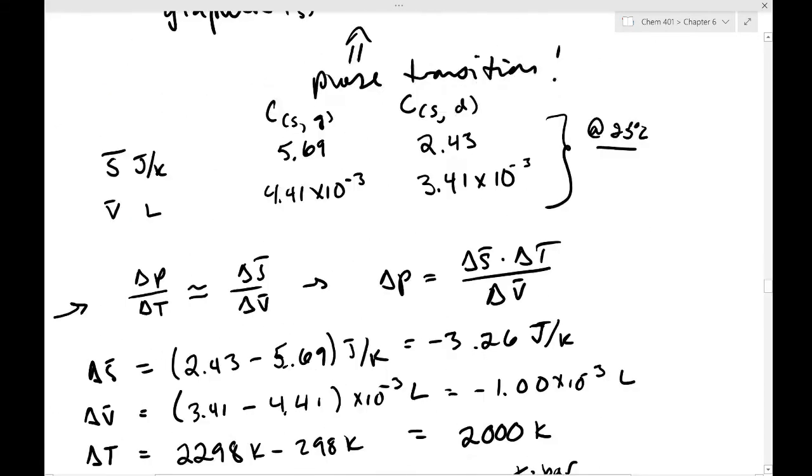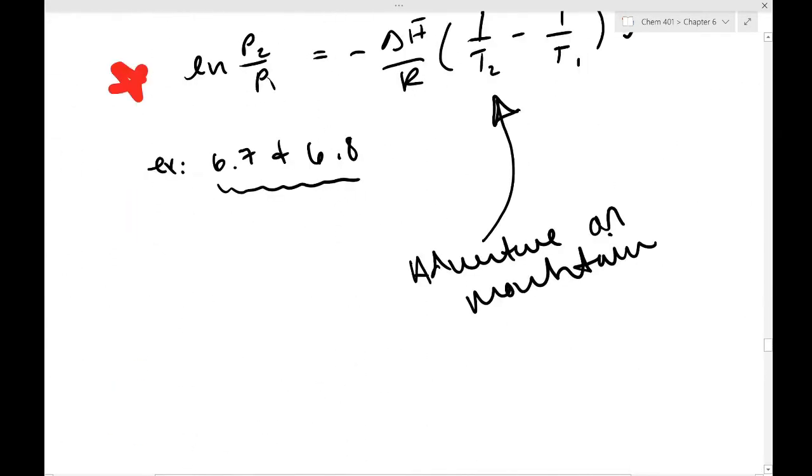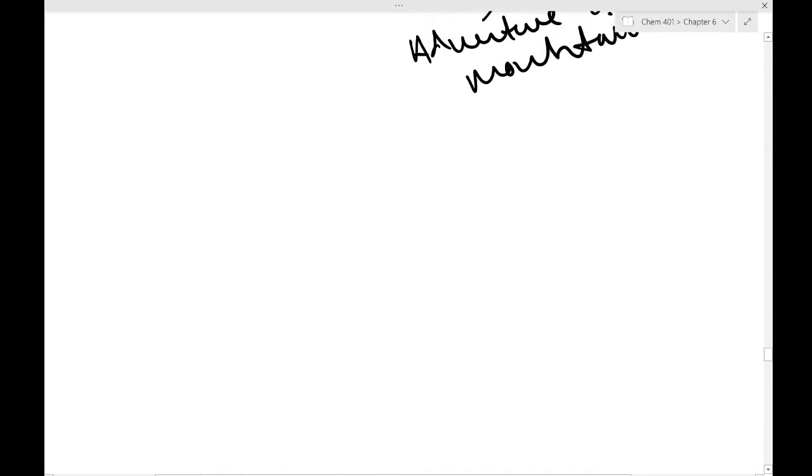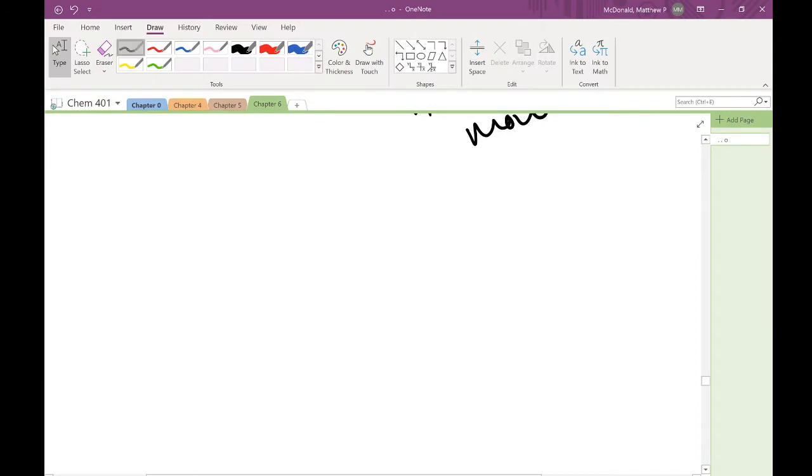Both relate the change in pressure versus the change in temperature. So I'm going to flip back to this: the change in pressure with respect to the change in temperature. Remember that. We're going to come back to that in a second.